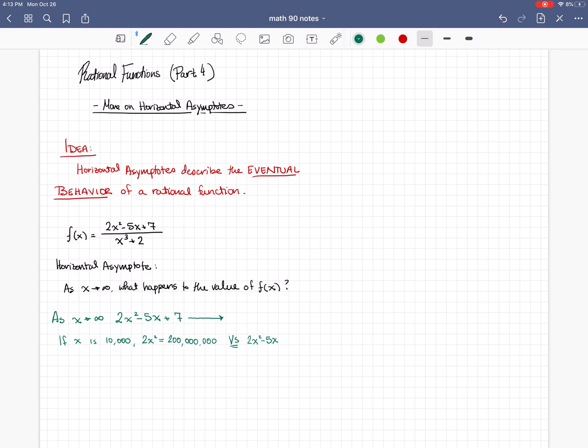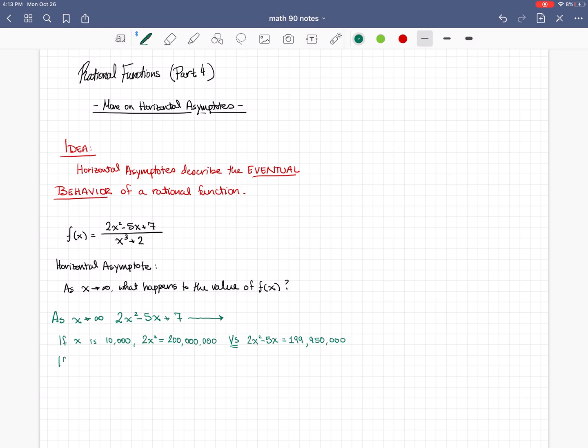Well, that's 200 million minus 50,000, right? So that's 199,950,000. Okay? And you can see that this is a very small difference, relatively speaking.